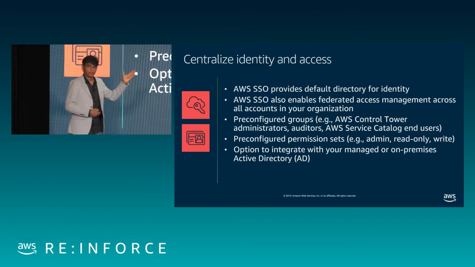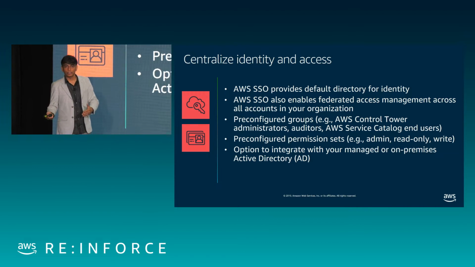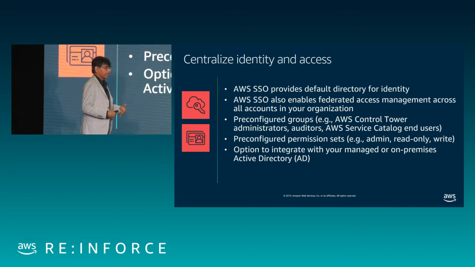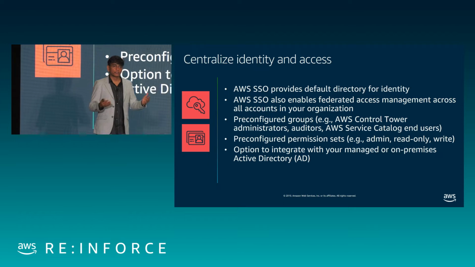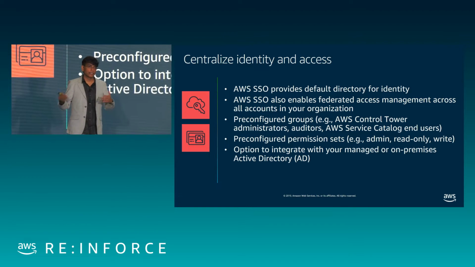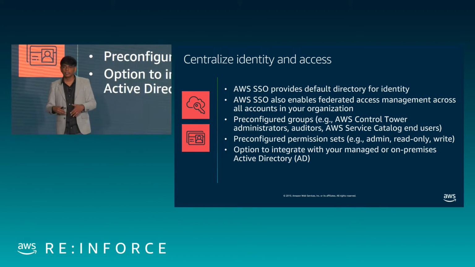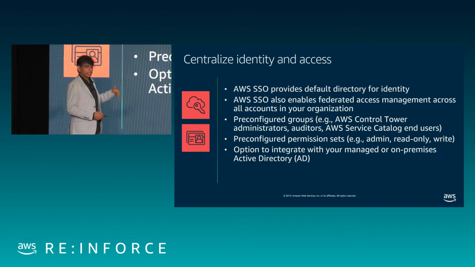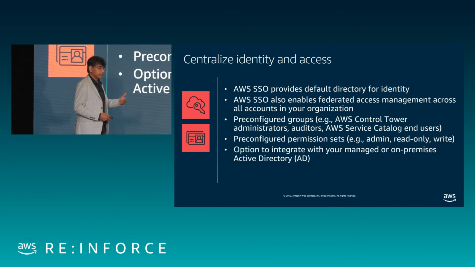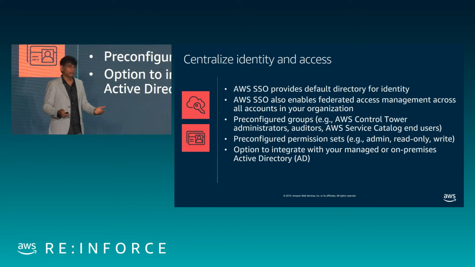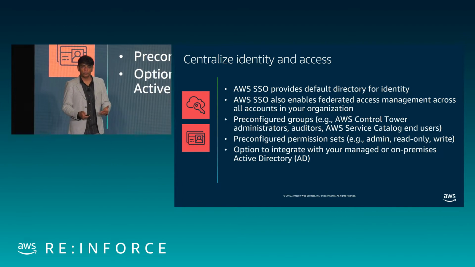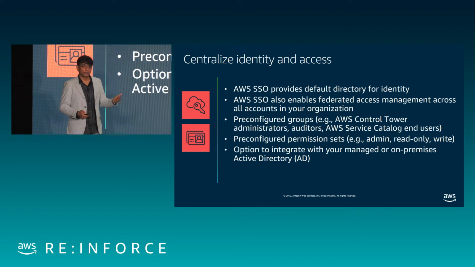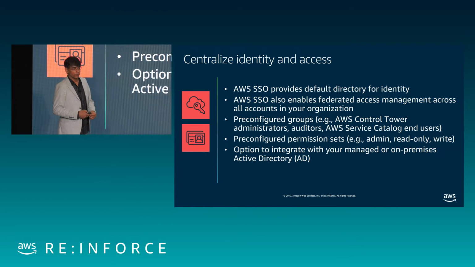And we have the auditor read group, an auditor write group, service catalog end users, which becomes the default group where your end users get access to the account factory and they can configure and provision accounts. And these come with pre-configured permission sets as well, depending on what roles have been defined. You have admin, read-only, and write. And these are all set up automatically for you, so you really don't need to worry about the basic groups that come out of the box.